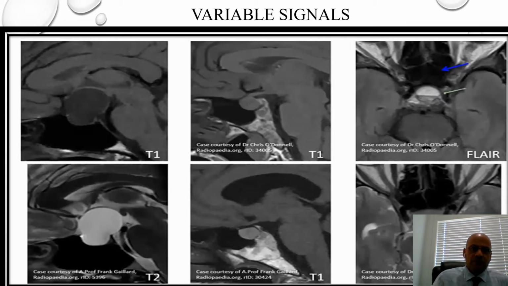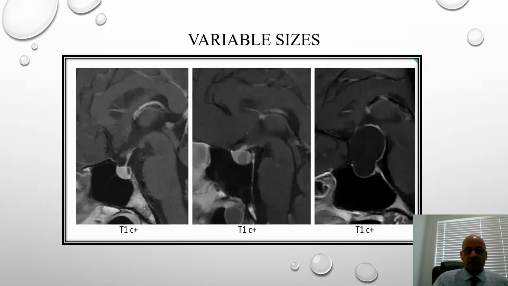And please do note that once you give the gadolinium, the rim of the cyst will light up, and that usually represents pituitary cells being squashed around the margins of the cyst. And it's there in about 70% of the cases. Now, the size of the cyst, as I mentioned, can vary a lot from small to mid to large cyst here.